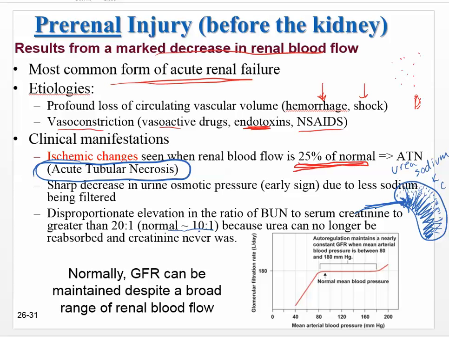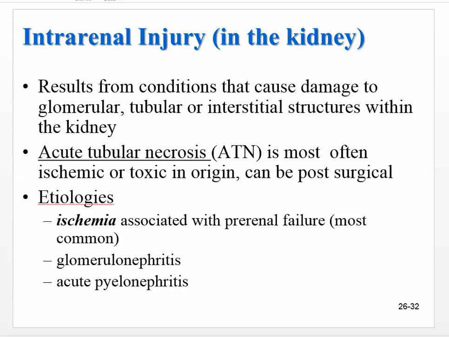This ratio of BUN, or blood urea nitrogen, to creatinine. Like I said, normally GFR can be maintained despite a broad range of renal blood flow, but in this case, something is leading it to not be able to keep up that way. So that was pre-renal. Here's intrarenal injury in the kidney.